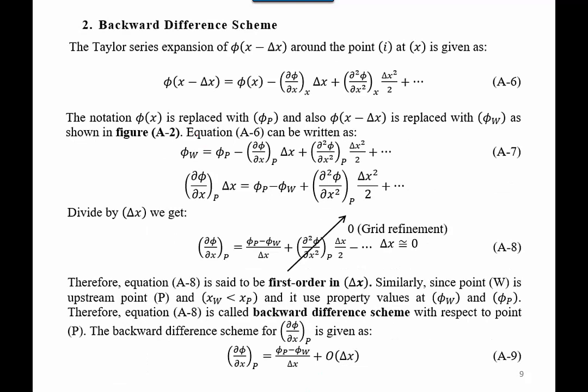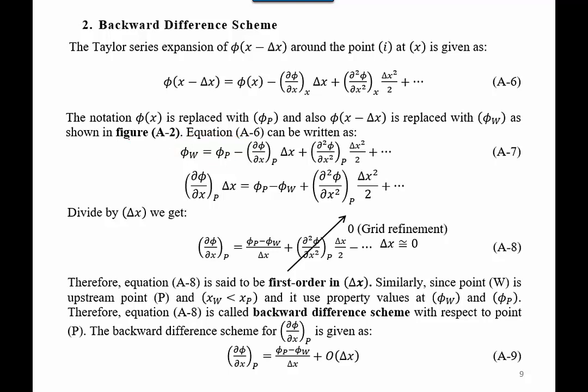Therefore, equation A6 will be written as phi at west point equals phi at P, big P, minus the first derivative of phi at big P multiplied by delta x plus the second derivative of phi at big P multiplied by half the value of delta x squared plus etc. If we rearrange this equation, we will take this term and write it to the left side, and the other terms we will write to the right side.